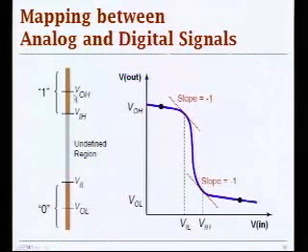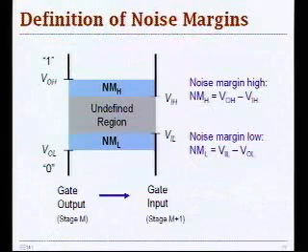So using these values of VIH, VIL, VOL, and VOH, we defined noise margins that quantify the ability of your gate to work in a noisy environment. And we defined noise margins for logic 0 and logic 1.